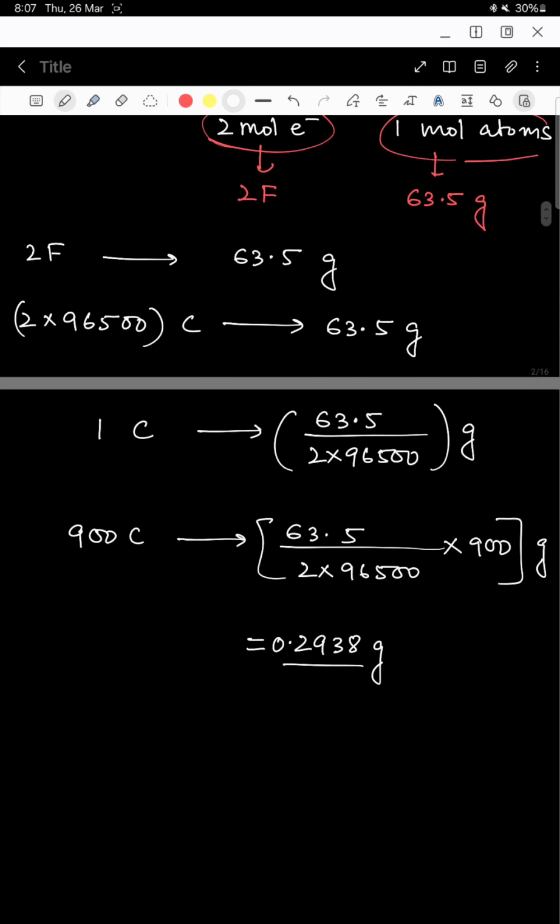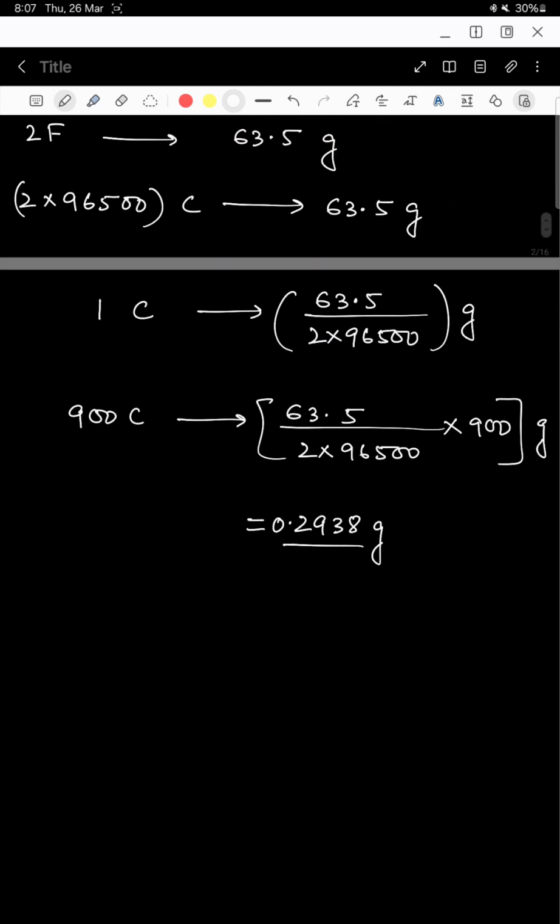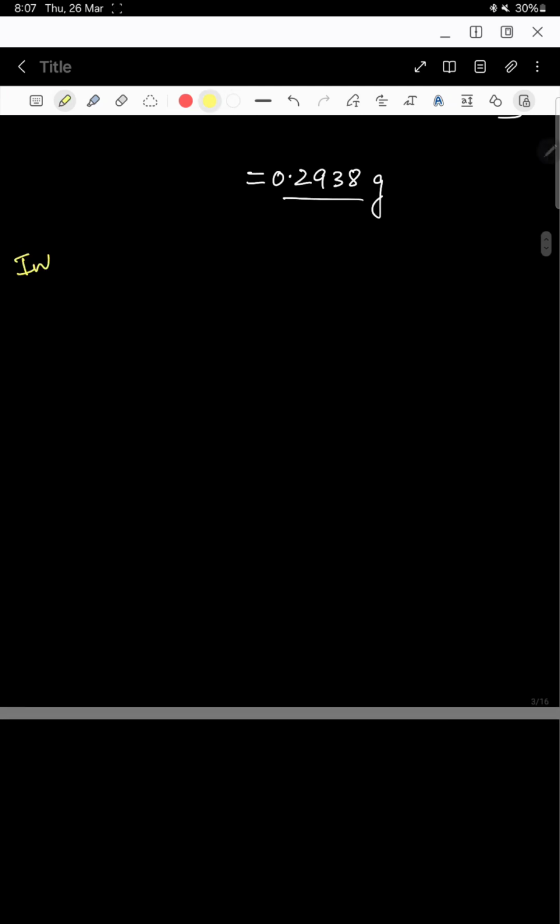Okay, now we will take another question. It is the in-text question of NCERT. In the new book it will be 2.10, I think so.